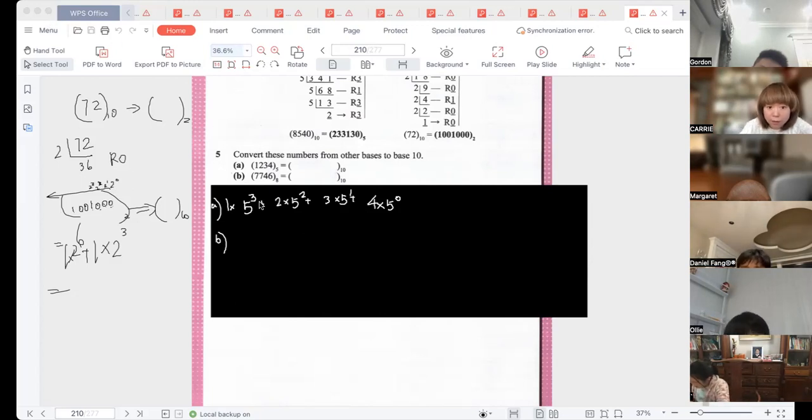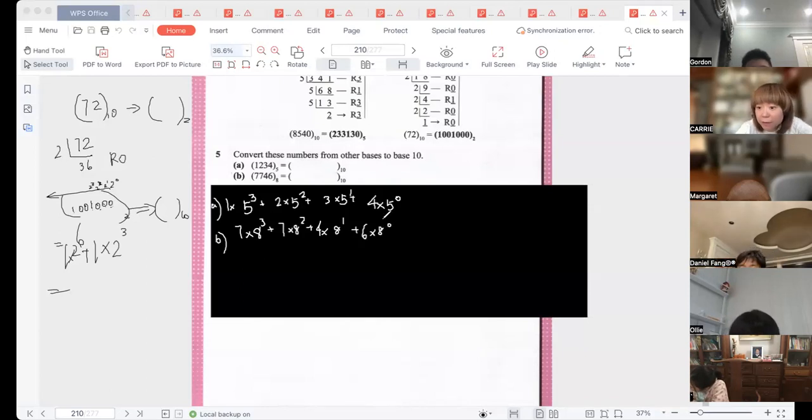Okay, next one. We have 7 times 8 to the power 3 plus 7 times 8 to the power 2 plus 4 times 8 to the power 1 and plus 6 times 8 to the power 0.